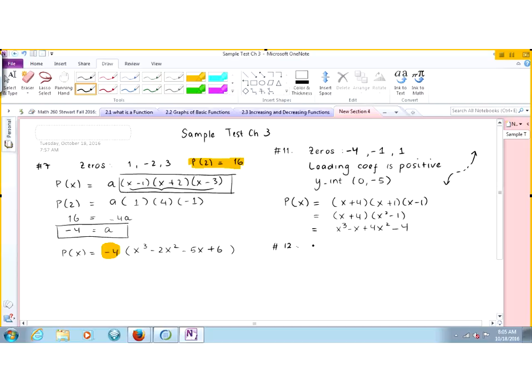So how are we going to factor it for number 12? So the zeros are what? Negative 3, multiplicity of 1, and then 2, multiplicity of 2, yes. So how would you factor it?